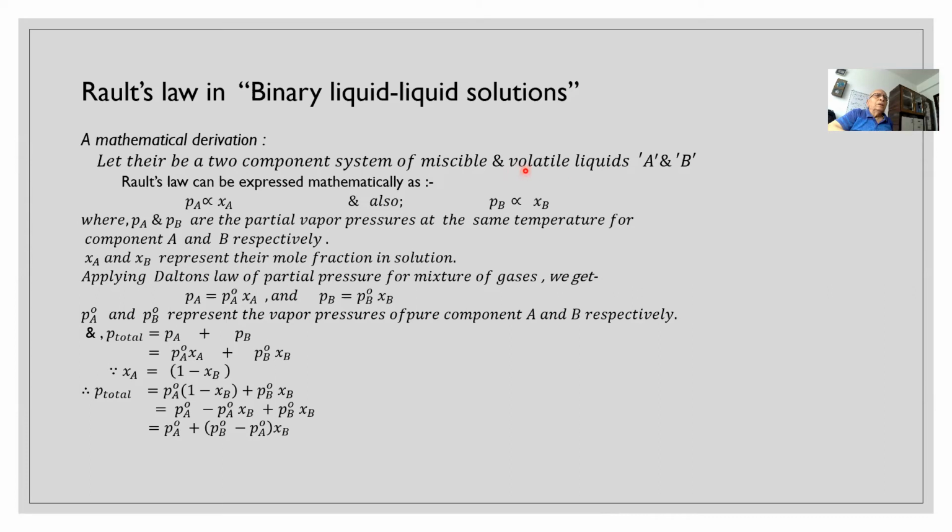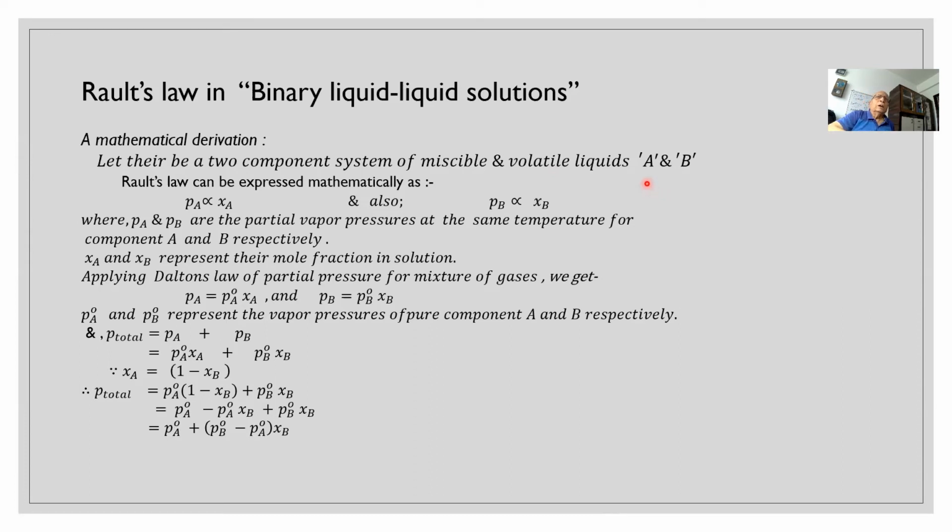Mind it, he has used the term volatile liquids also. Volatility is a characteristic of a liquid, and it is very much observed in liquids which are more volatile. That's why volatile liquids have been used. Let there be two components A and B; you can call them 1 and 2 also.